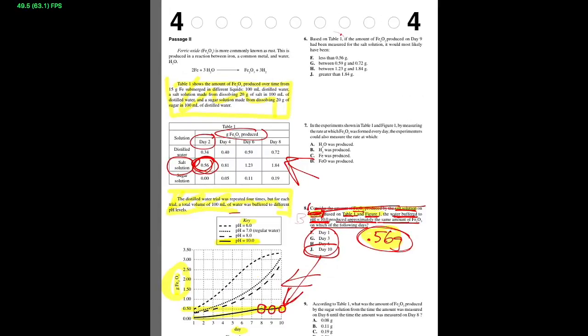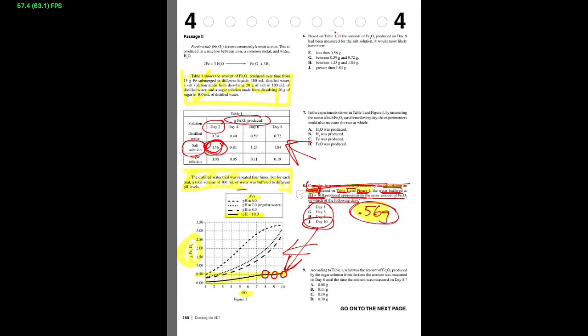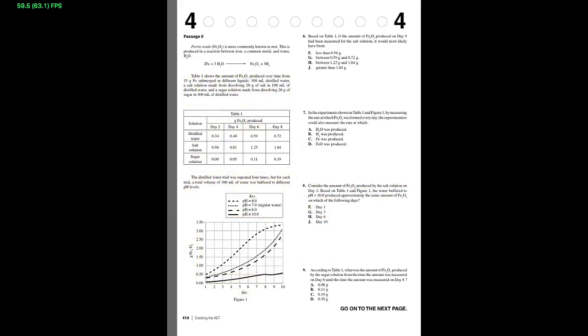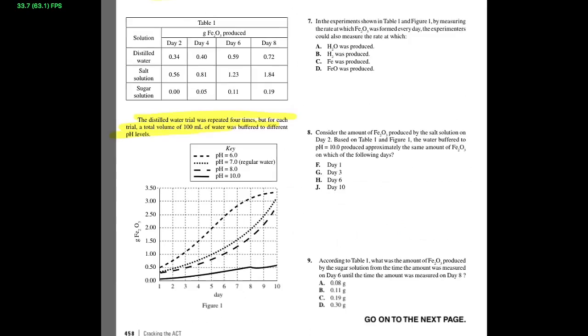Now, obviously, it took a long time because I was explaining everything in very, very fine detail. But one of the things that you might notice is we didn't read this, we didn't read this, and all we had to do with Figure 1 was pay attention to one part.